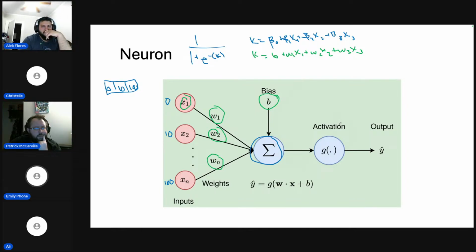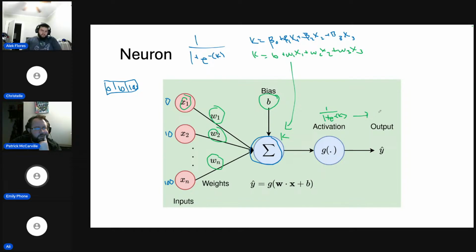And then technically this activation function, so this is actually k. We're going to plug this in here. This activation function is now where we're doing 1 over 1 plus e to the negative k. We decided that we're going to do a sigmoid activation, and that's how we get our output.